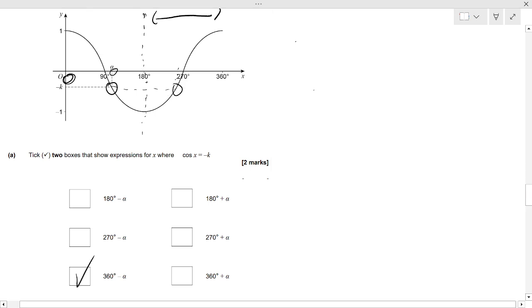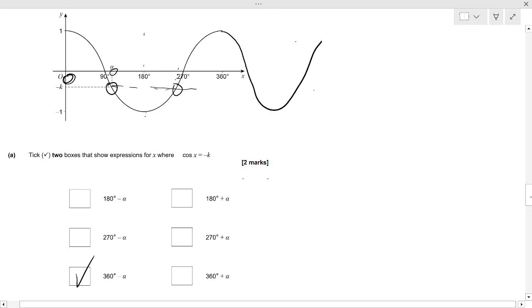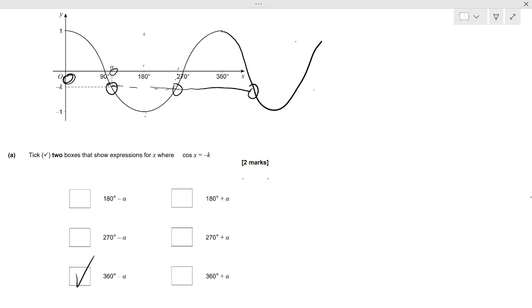But we should know the cos graph. There are infinite solutions because of the fact it repeats itself. If we were to continue this graph on like this, well then if we draw it here, the next solution would be here. But it repeats every 360 degrees. So actually, if we add 360 on to alpha, we get the next solution.